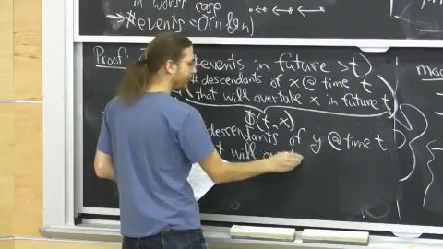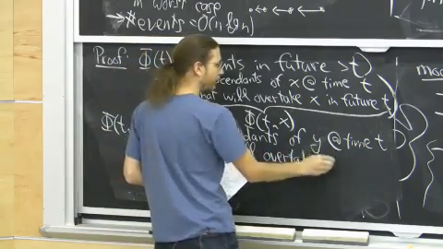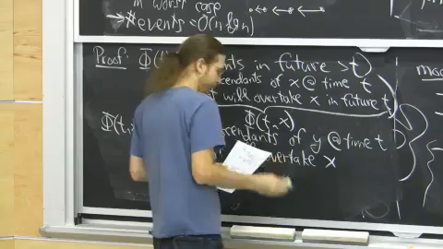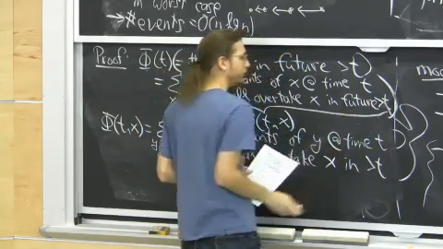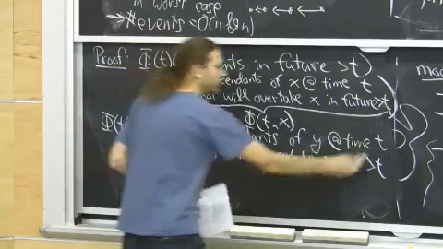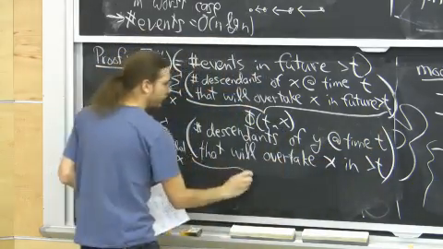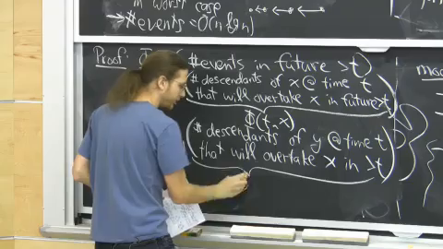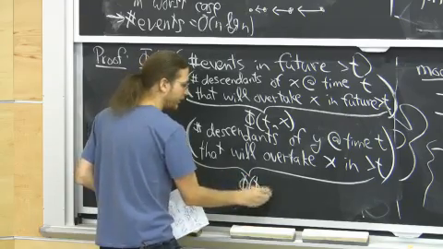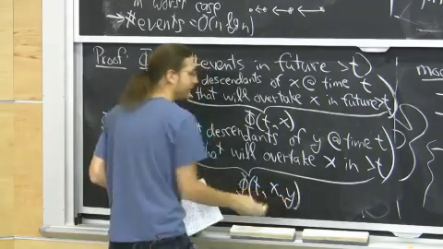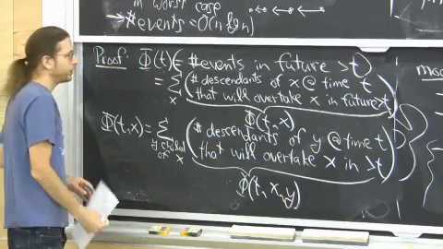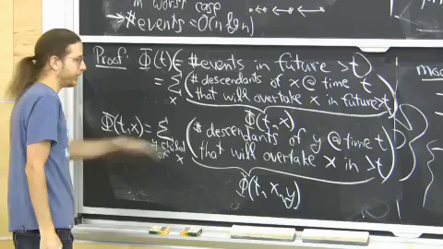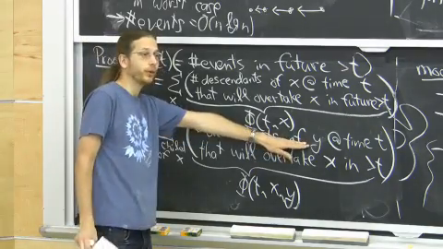So it's almost the same words, but I changed one of the x's to a y, but only one of them. In the future, I write greater than t. This is a different quantity, slightly different, which I'm going to call phi of t comma x comma y. I just need to be able to talk about this, so this is mostly to introduce notation. And by descendants of y, this is including y itself.